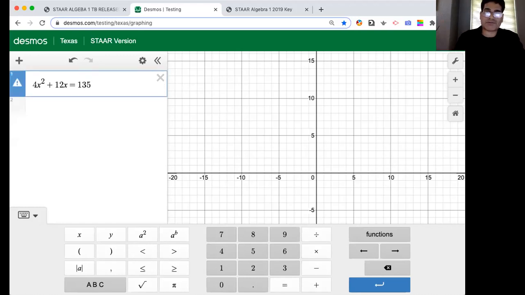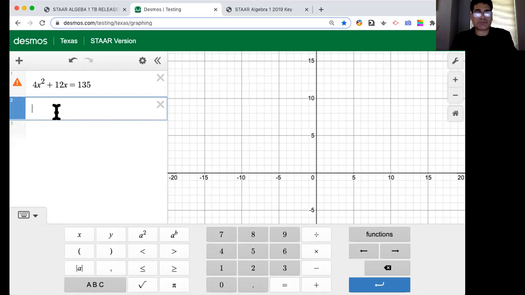I have that 135 to deal with first. So we take away 135, take away negative 135, from both sides. Making a note to myself.